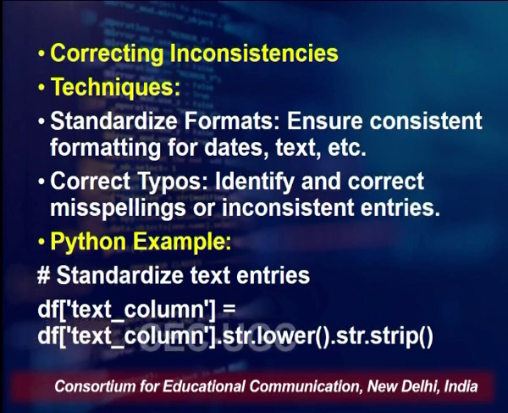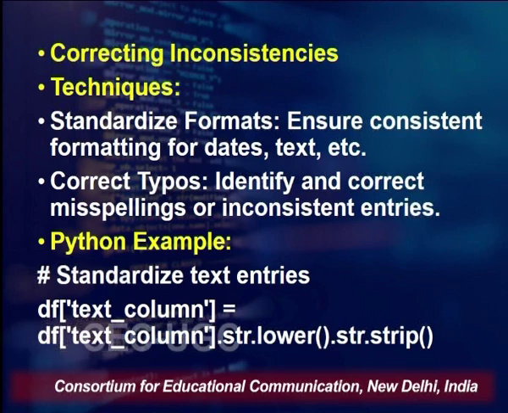Sometimes it is only a typing error which leads to this kind of inconsistency. We can standardize numeric entries by finding the mean and standard deviation, and for text entries, say you want the text to be in lower case only, you can convert your text into lower case by using the relevant functions.